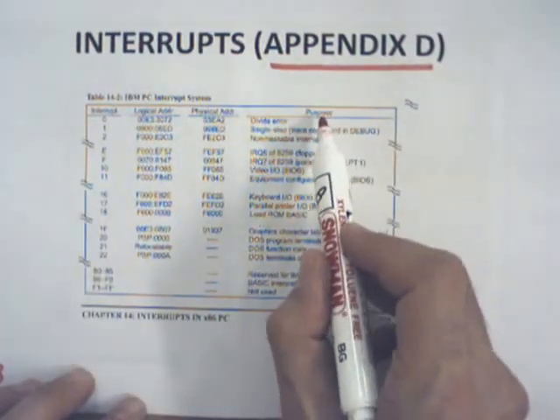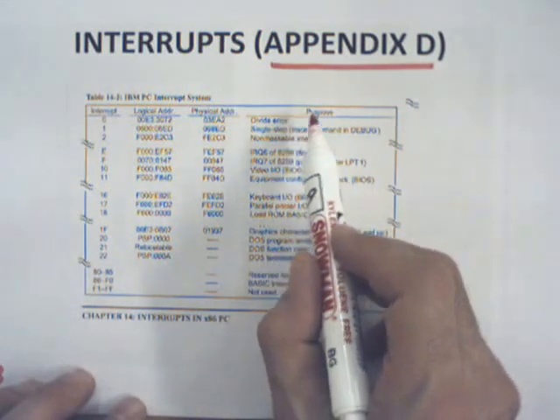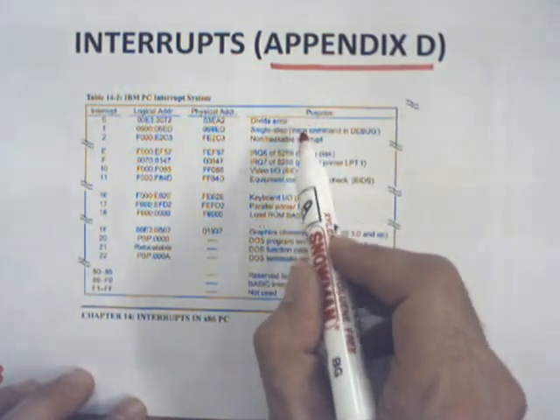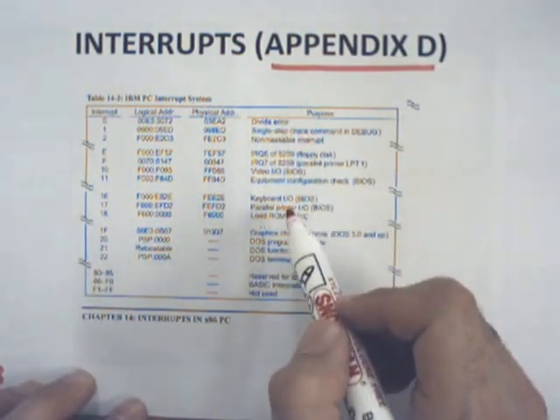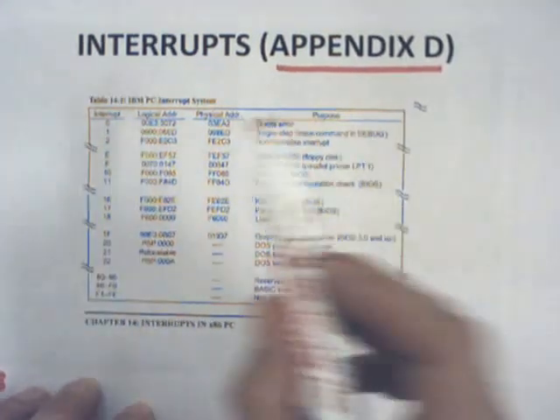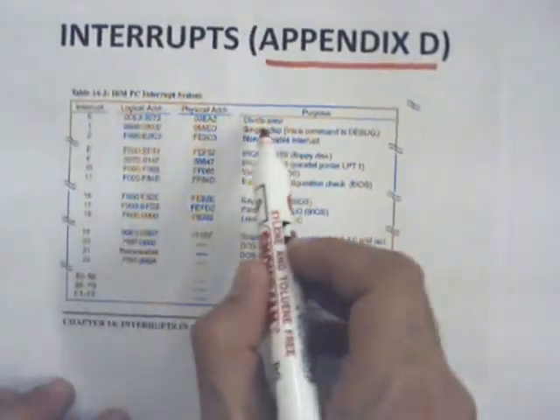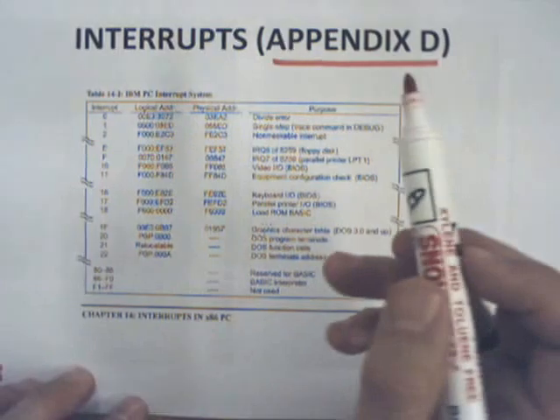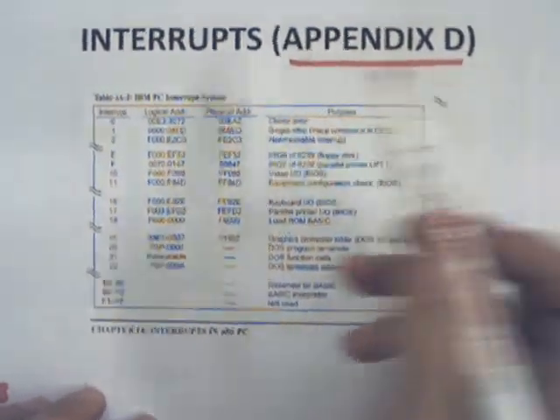So the explanation or the result or purpose of each interrupt is given. So for example, interrupt 0 is divide error, usually divide by 0 error.